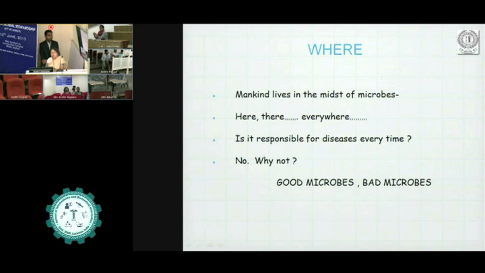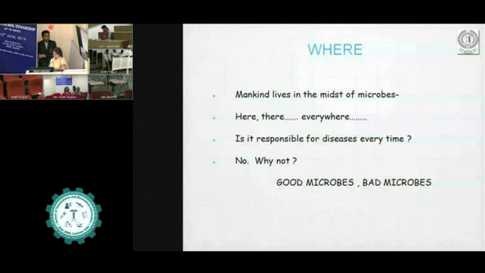So when I say that it is everywhere, does it mean that they are always the cause of infectious disease? Are these microbes always responsible for disease? No, it is not. Because let us remember that we have good microbes and we have bad microbes.